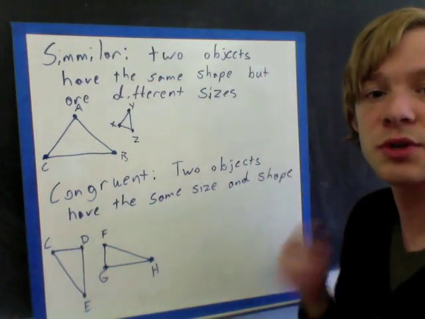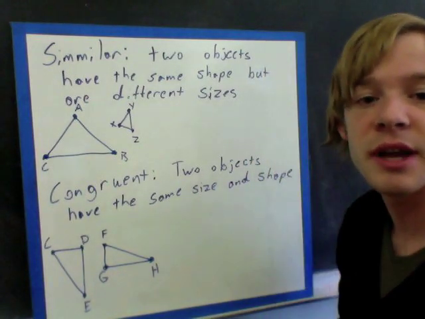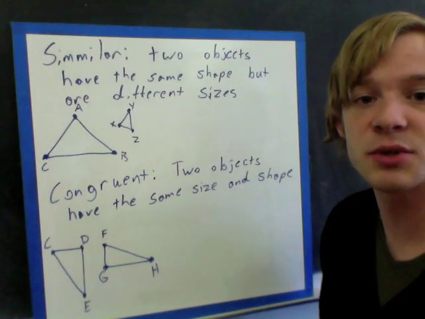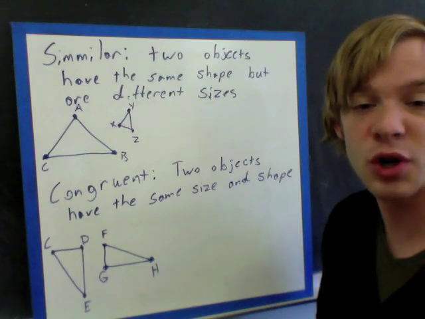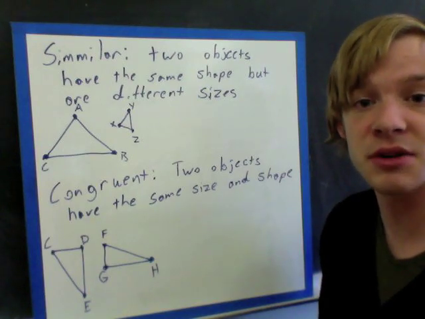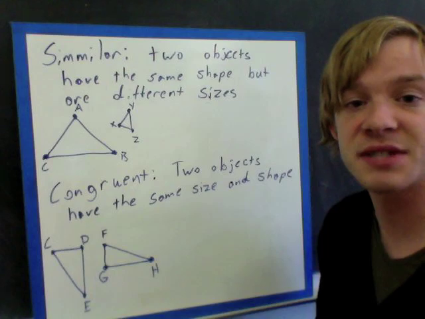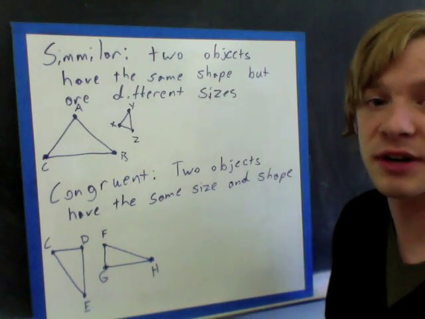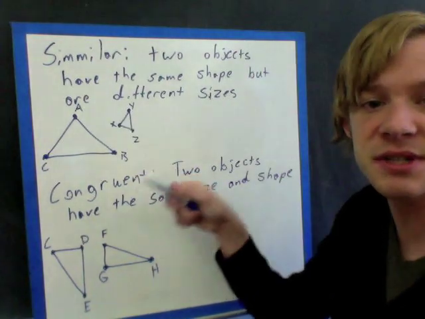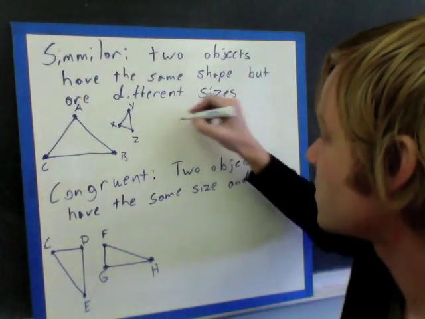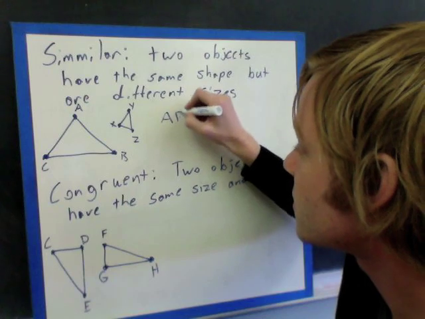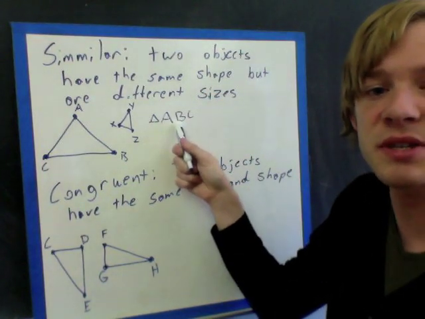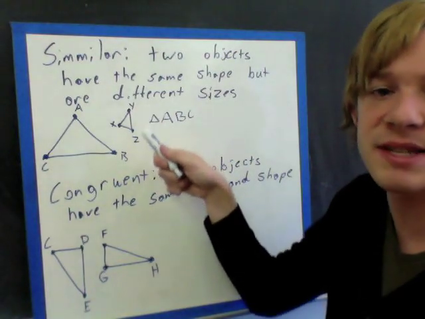Next two terms we have are similar and congruent. Well, similar is exactly what it sounds like. Two objects look about the same, but they're not necessarily the same size. So they've got the same shape, but they can be different sizes. With this first example here, I've got triangle ABC, and then we have triangle XYZ.